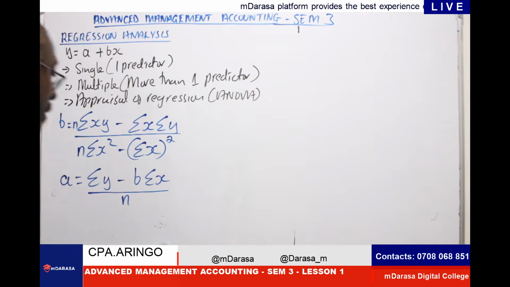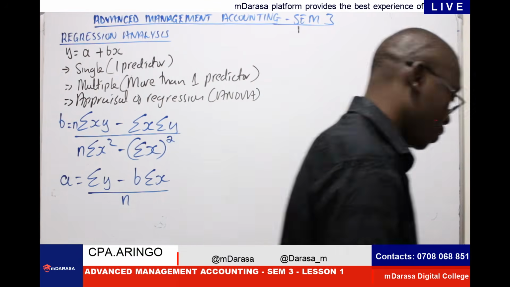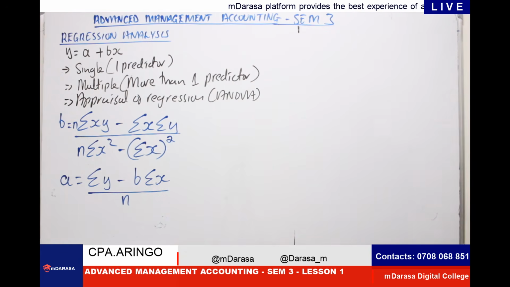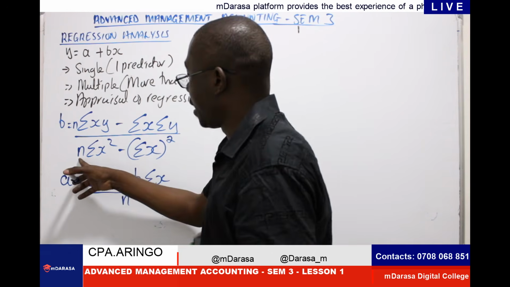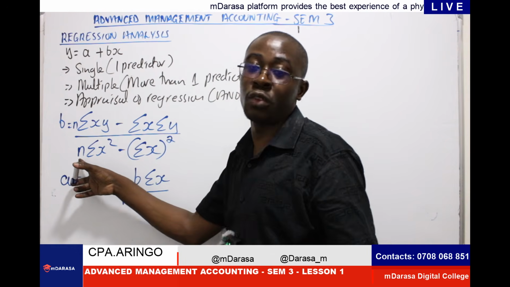So once we've established this, let me explain the variables, then we jump to our question here. In this context, n is the only variable that we have not looked at.